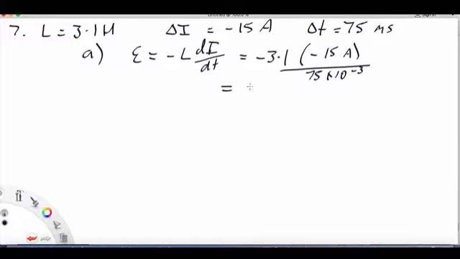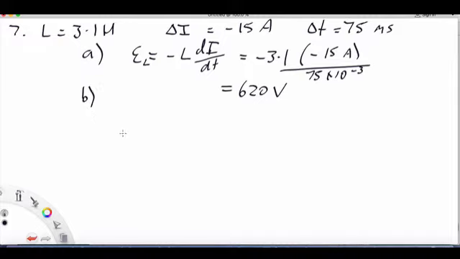And that gives us plus 620 volts. And the reason it's positive is that the change in current was negative, so the supply EMF was decreasing, and so the induced EMF is a positive voltage.